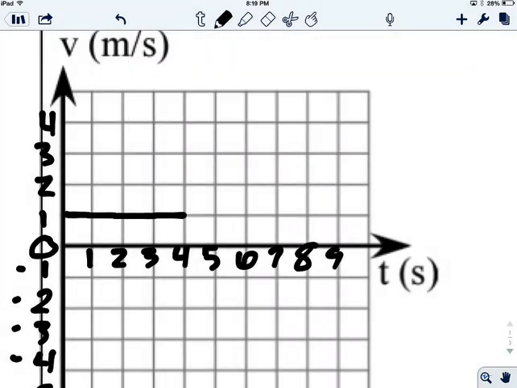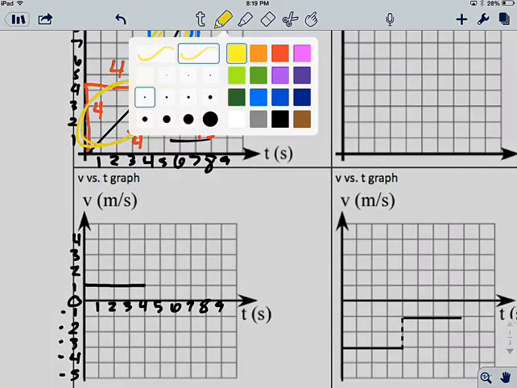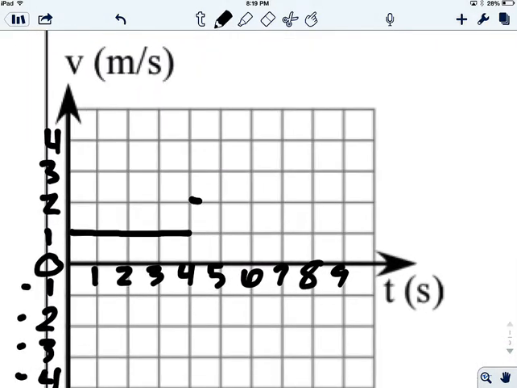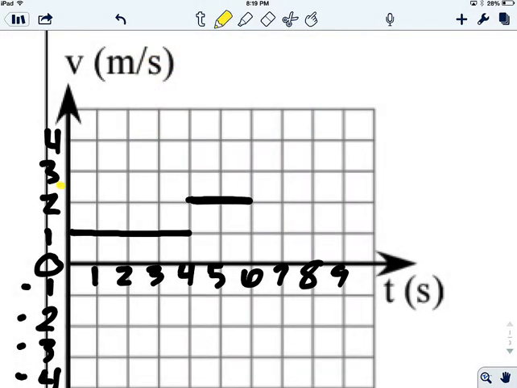Okay. Now if I go back up, I see that my upper part here is from 4 to 6 seconds, and it's 2 meters per second now. So I go down here, and now I'm going to go up a step because it's a little bit faster, and notice again that that's 2 meters per second. So that's the reason that's there.